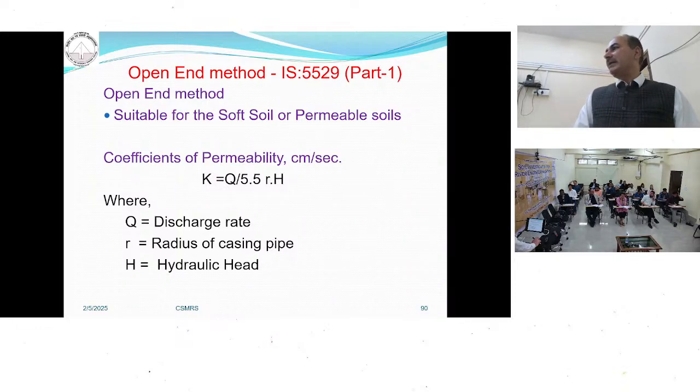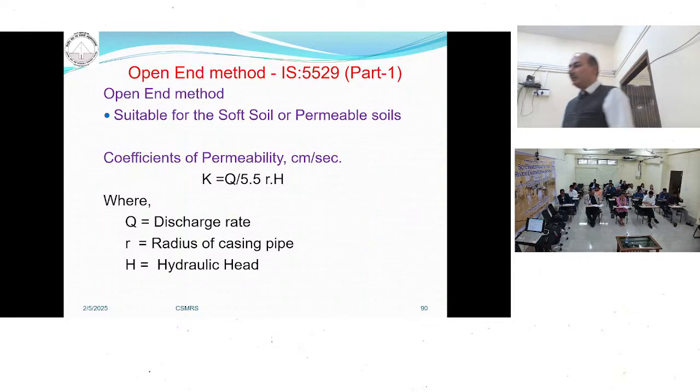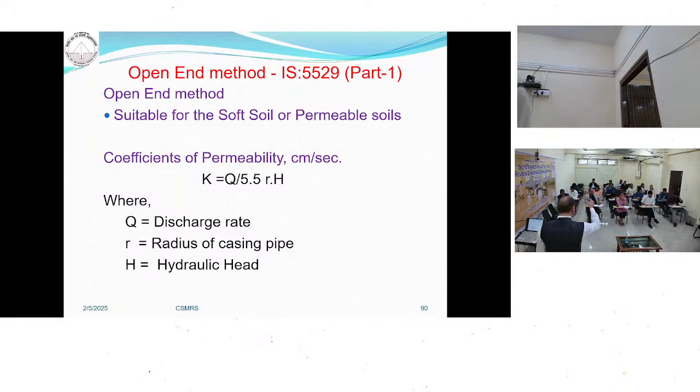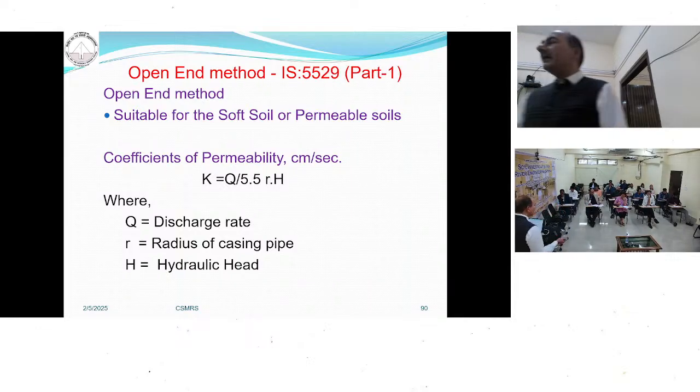There are two methods in the pumping in test. One is the open end method. In the open end method, when you have drilled a borehole into the ground, you put a casing inside it, wash out the borehole, and conduct the permeability test.